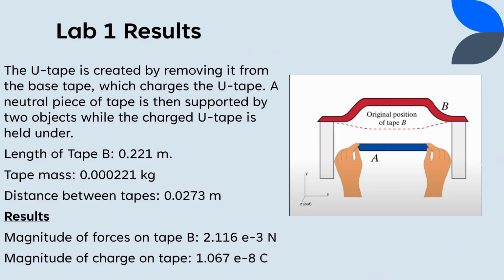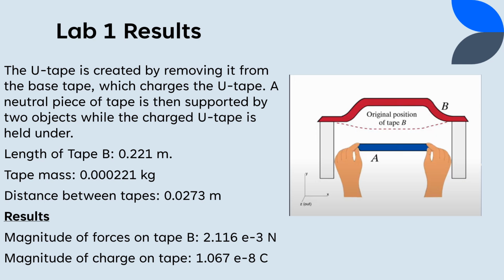So these are the Lab 1 results. U tape is created by removing it from the base tape, which charges the U tape, and a neutral piece of tape is then supported by two objects while the charged U tape is held under it, and this tape is tape B. We calculated that the length of tape B is 0.221 meters, which means that the tape mass is 0.000221 kilograms.